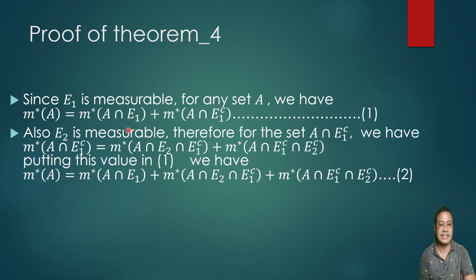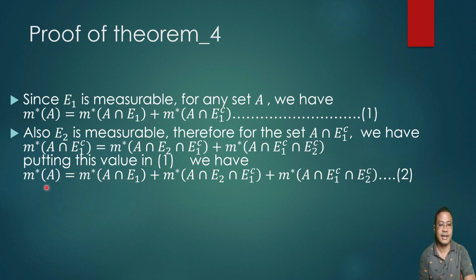Since it is for any set A, you can deliberately take A intersection E1 complement as the set A. So for the set A intersection E1 complement, we must have M star A intersection E1 complement exactly equal to M star A intersection E1 complement intersection E2 plus M star A intersection E1 complement intersection E2 complement. So if we put this quantity here, we will get the following equality.